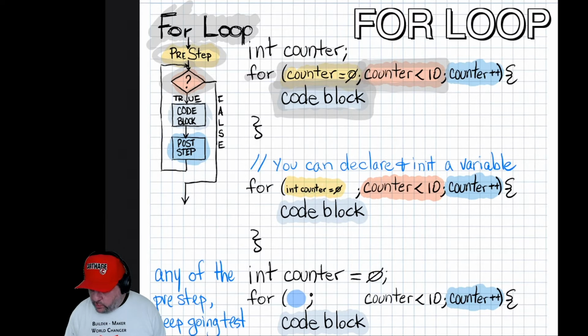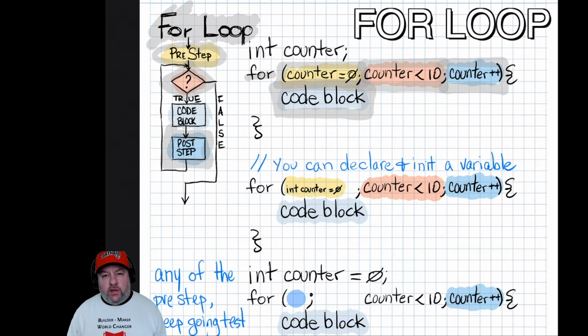And the post-step is shown here and is given here. Interestingly, and I'll give you an example later on, each of these three, the pre-step, the post-step, and the keep going test, can all be omitted as long as the separating semicolon is given.